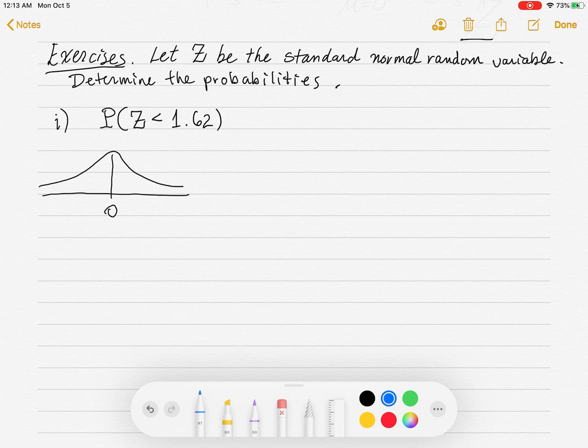Remember, here at the center is 0. That's the mean, right? The mean is 0. Now, where is 1.62? That is a positive z-score, right? It's up here.